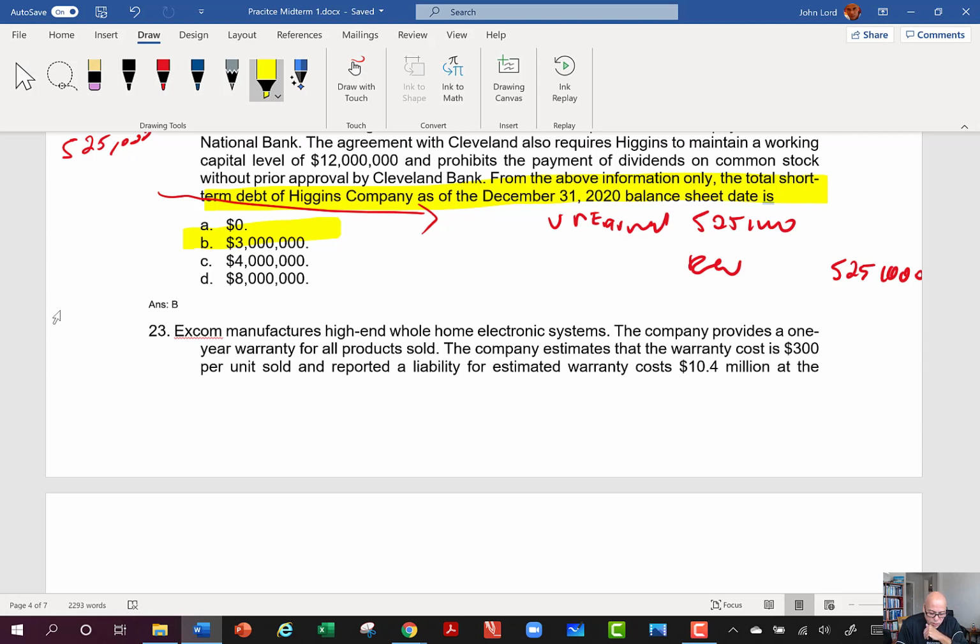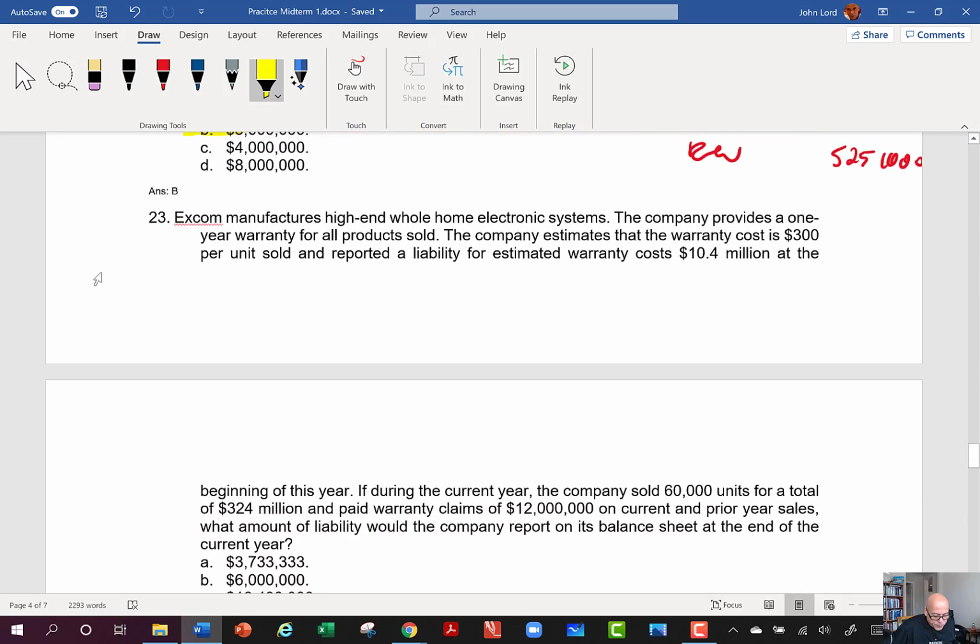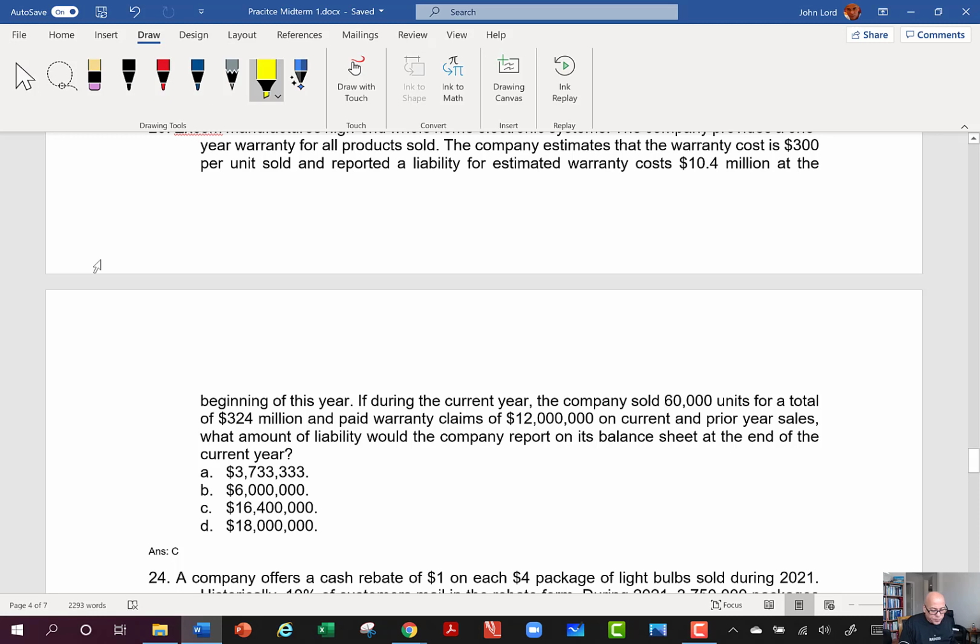The company estimates that the warranty cost is $300 per unit and reports a liability for estimated warranty cost of $10.4 million, at the beginning of this year. If during the year the company sold 60,000 units for a total of $324 million and paid warranty claims of $12 million on current and prior year sales, what amount of liability should the company report at the balance sheet date at the end of the current year?